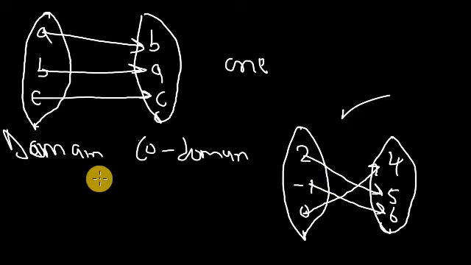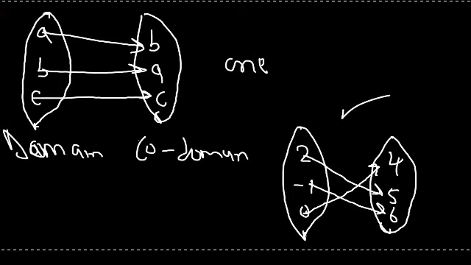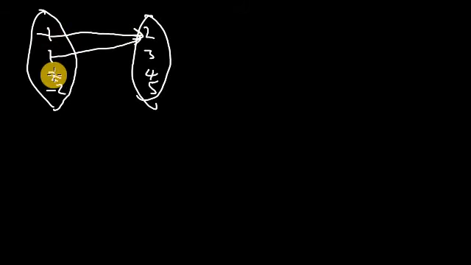Now, what about this? What would you say about this? Let me get rid of this. Is this a one-to-one mapping or not? So I have 2, 3, 4, 5, for instance, 1 being mapped to 2, 2 being mapped to 2, 3 being mapped to 5, 3 being mapped to 5.